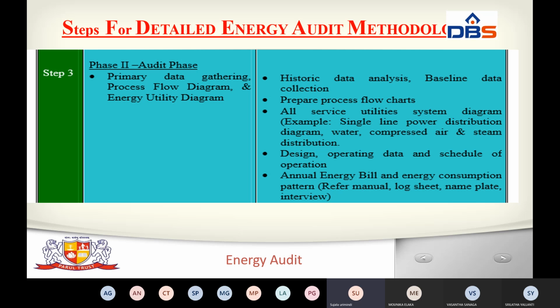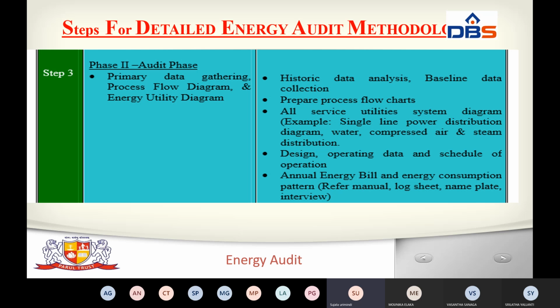Historic data analysis, baseline data collection, and preparation of flow charts. Depending upon the process flow diagram, they prepare the flow charts and service utilities system diagrams. For example, single line power distribution diagrams, water, compressed air and steam distribution, design and operating data, schedule of operation, and annual energy bill and energy consumption pattern.